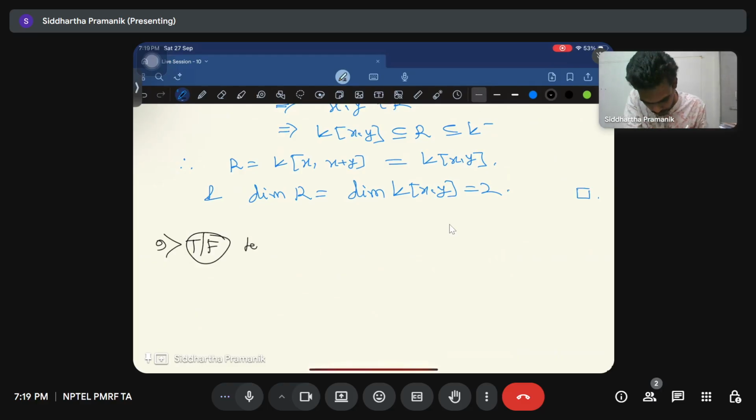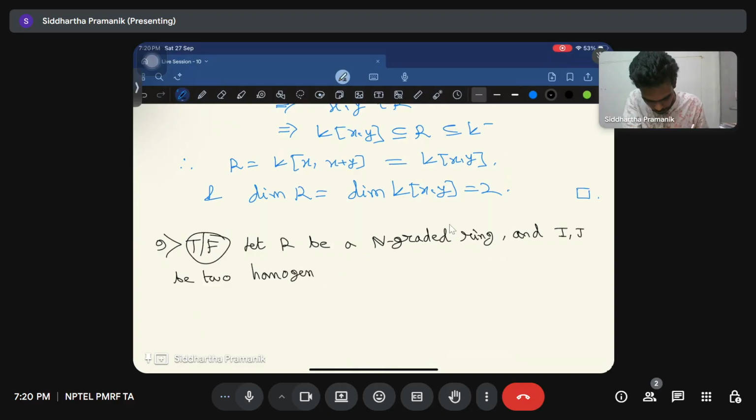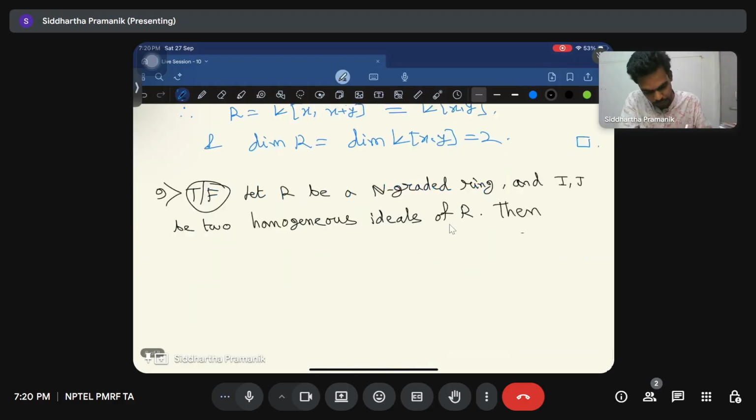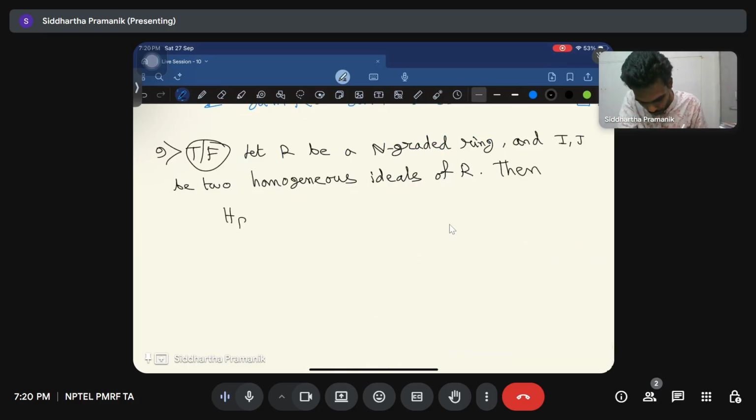Let R be a graded ring and I, J be two homogeneous ideals of R. Then the Hilbert series of R mod I plus J is the same as the Hilbert series of R mod I plus the Hilbert series of R mod J.